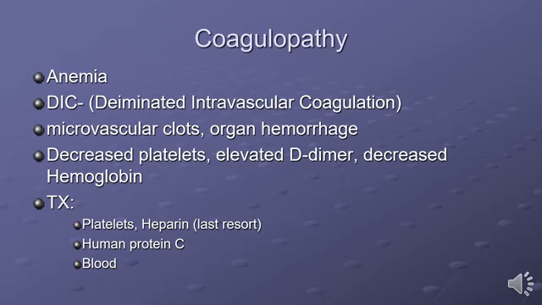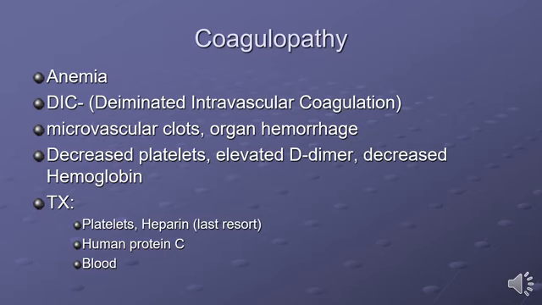Coagulopathy. They may have anemia, and because they have decreased perfusion to the bone marrow or decreased erythropoietin from the renal failure, they will have that decreased hemoglobin and hematocrit, and the treatment for that is blood. They may have DIC, which is microvascular clotting and organ hemorrhage, and these occur simultaneously.